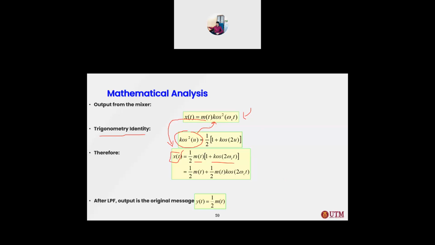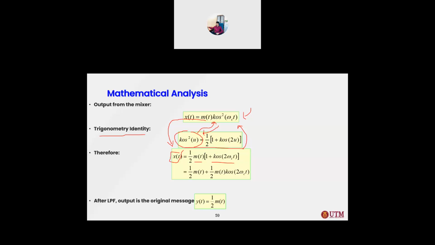This one is cos being expanded, and whatever you have here, you put it inside again, with m(t) as well. So that's why you have half m(t) in bracket 1 plus cos 2 omega ct. And after that, we expand them. So we have half m(t) plus half m(t) cos 2 omega ct.